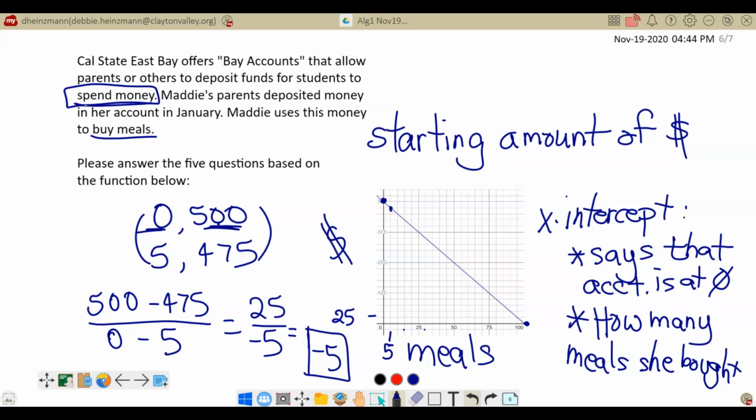So this -5 stands for what? It's dollars, because this is dollars, right? It's dollars per meal, right?